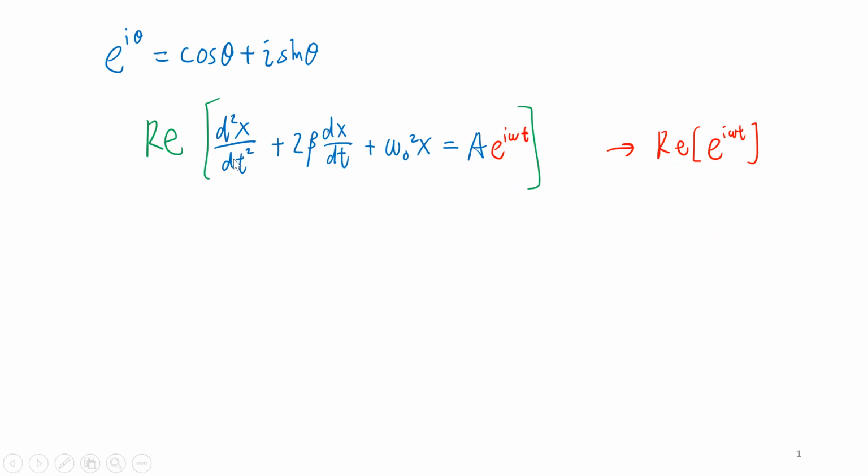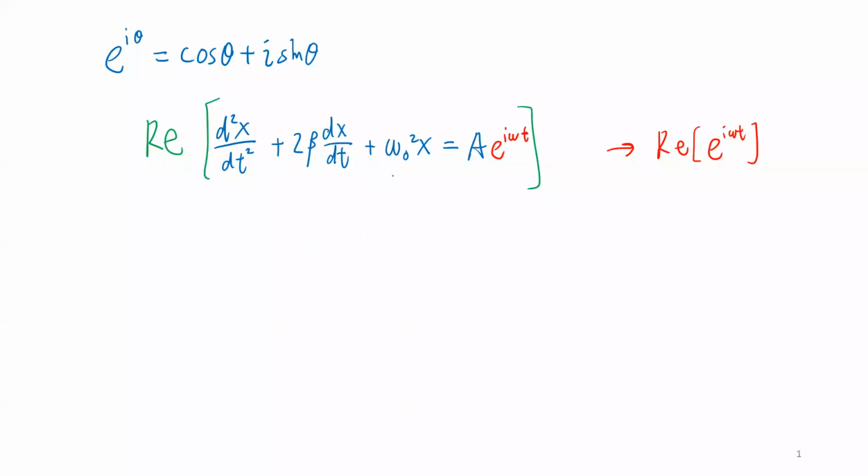If you substitute this sine or cosine over here, you have to take the derivative, and every time you take one derivative, from cosine you get sine, and from sine you get back to cosine. So you are alternating between sine and cosine, which makes things a little bit inconvenient.